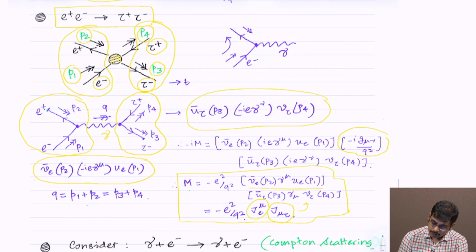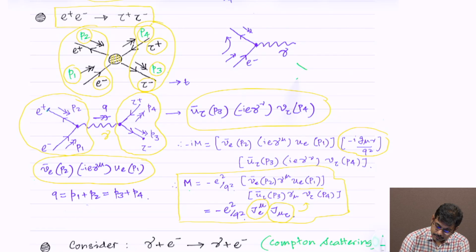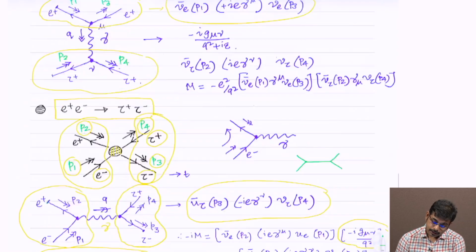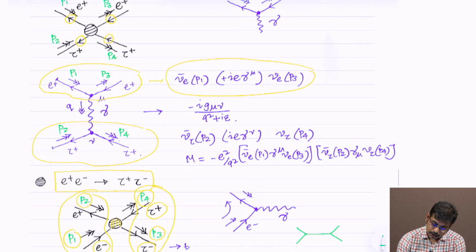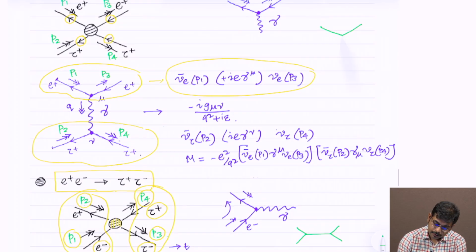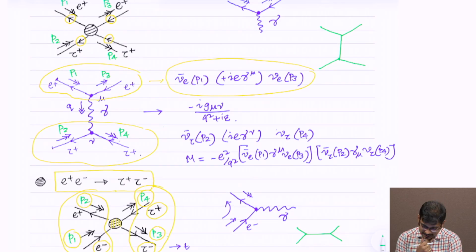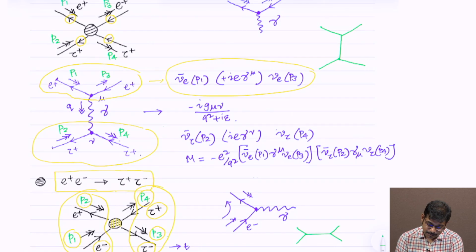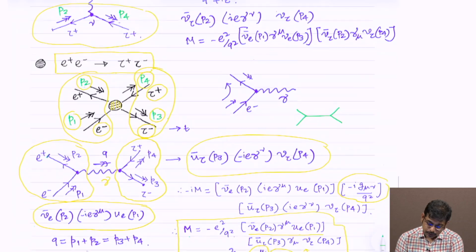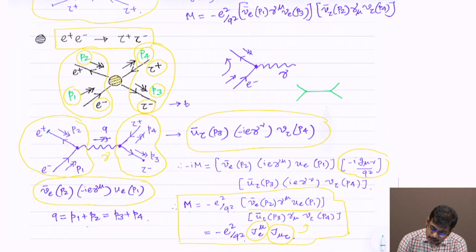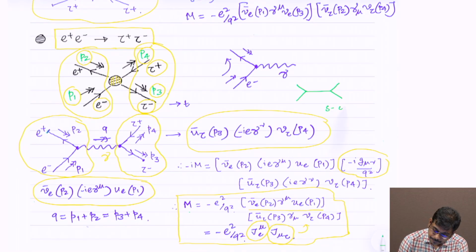This graph was actually looking like this one, whereas these graphs that we did actually look like this one. So, the internal line that connects the graph is not exactly the same in these two cases, and they have an interesting name. This kind of graph is called an S channel graph.